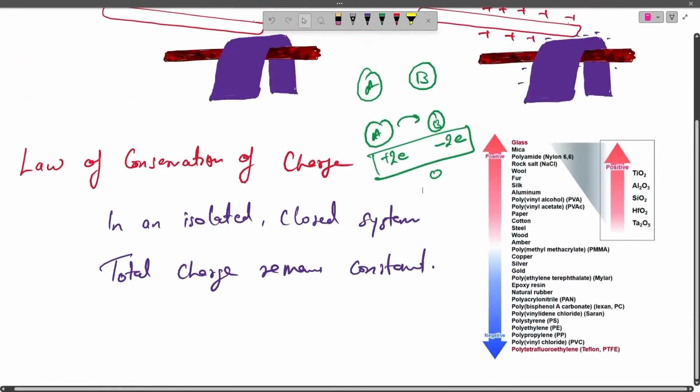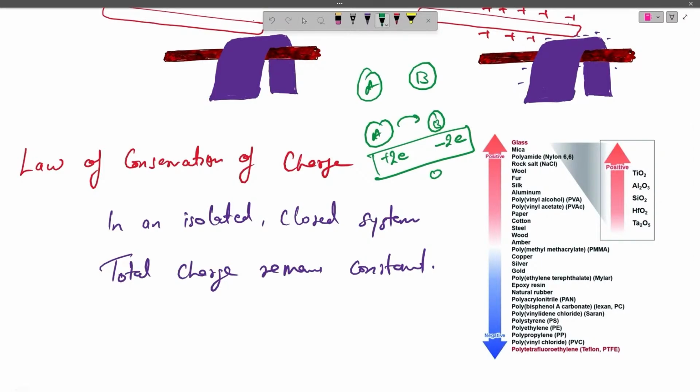So this is the triboelectric series. In this series, we see that the glass has the highest tendency to give up electrons, and below comes the silk. That is, if we rub glass and silk together, then glass has higher tendency to lose electrons than silk. So obviously when we rub these two, then glass will become positively charged and the silk will become negatively charged.